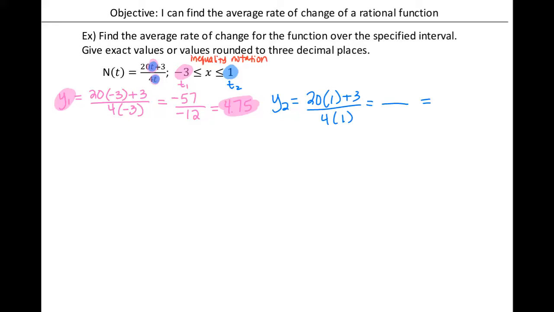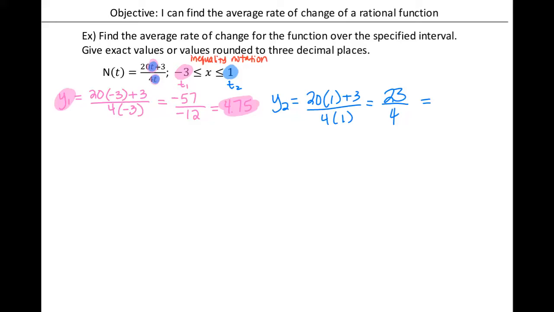All right, go ahead and lefties, check your answer with your partner. What did you get for y2? Okay, so Deep Jack, can you tell me what you get for your fraction? 23 over 4.